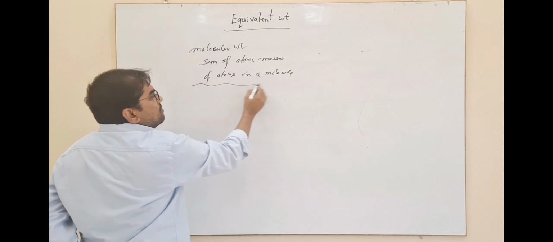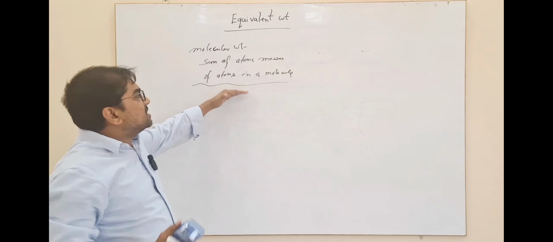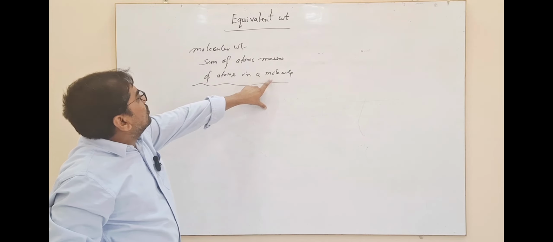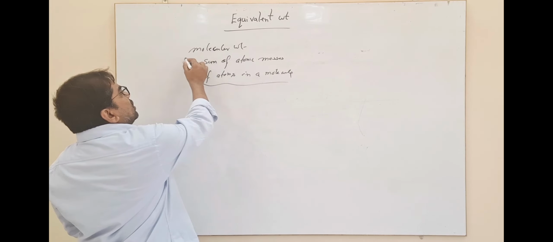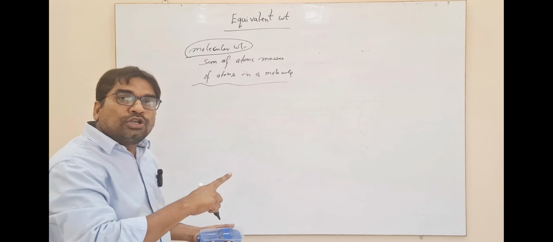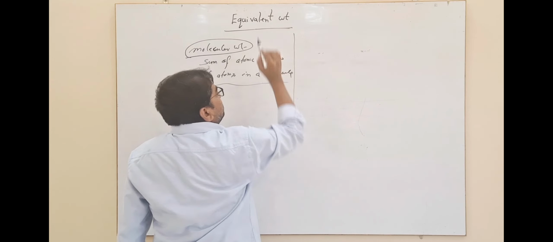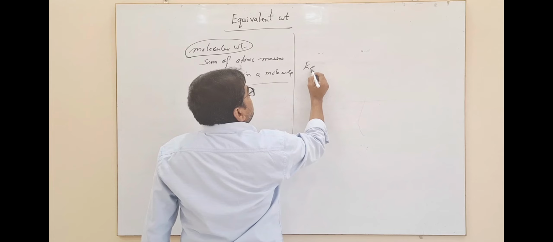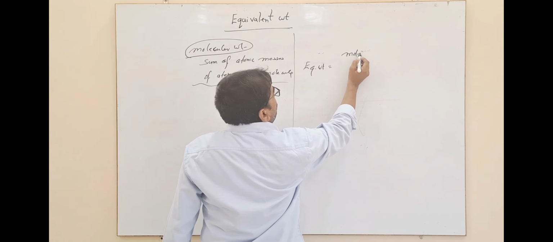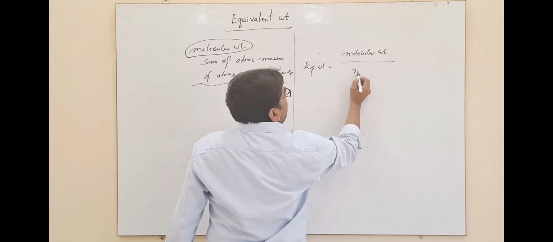The total number of atoms and all the types of atoms, the sum of their atomic masses in a molecule represents the molecular mass or molecular weight of that molecule. But if the matter is related to equivalent weight, it is equivalent weight equal to molecular weight divided by n dash.